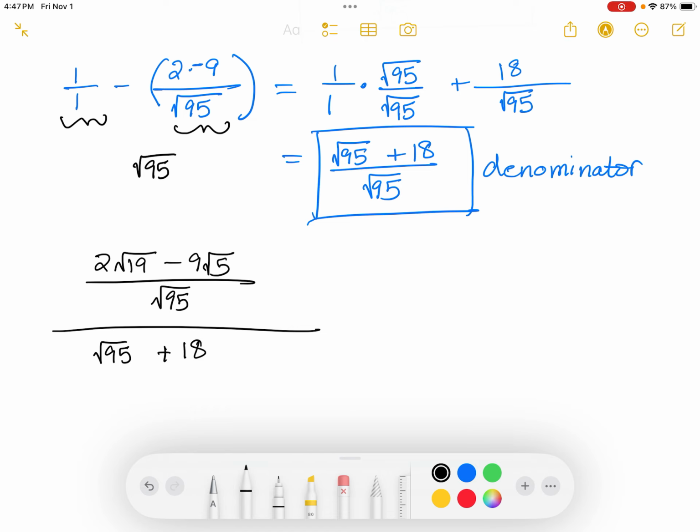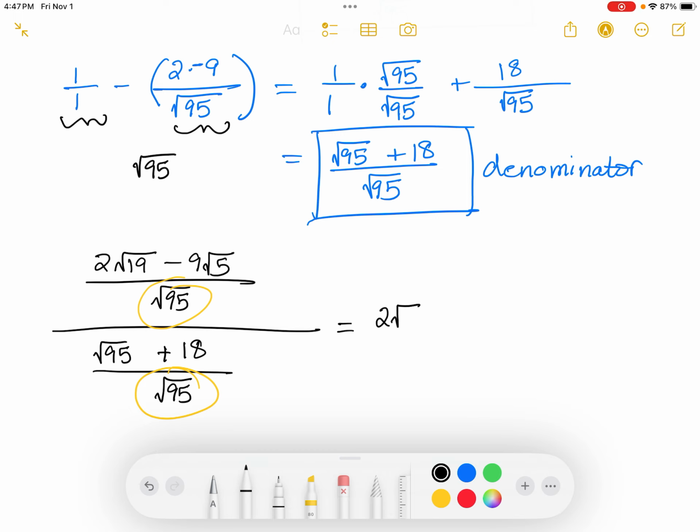Plus 18 over the square root of 95. And you may already be seeing it, but both of these are over the same denominator. And so when I multiply by the reciprocal, which is how I divide fractions, these are going to end up canceling each other out.